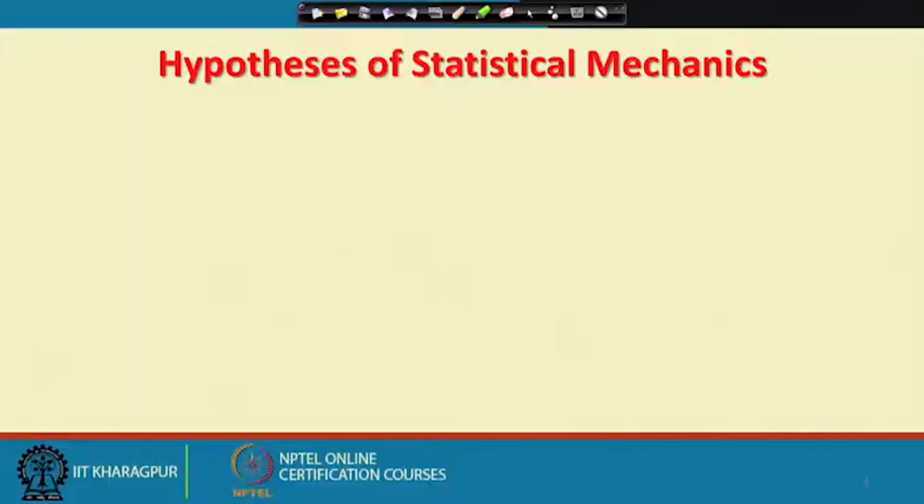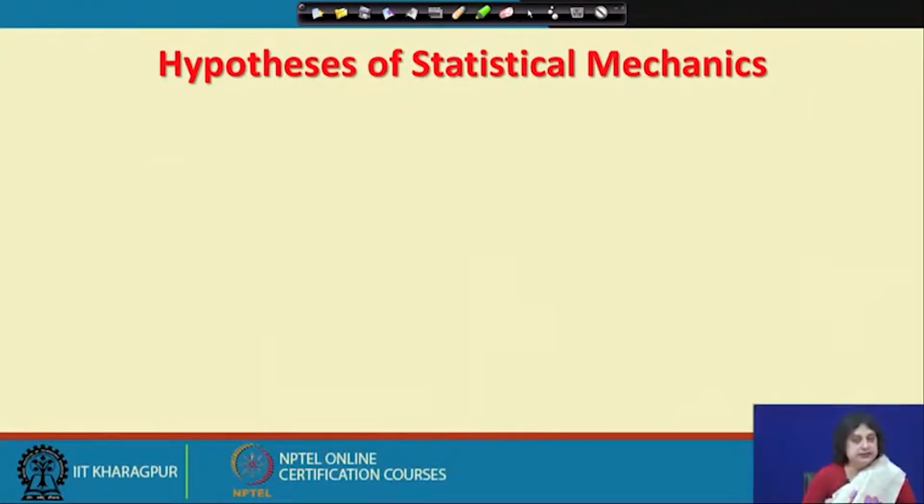So, now let us start by outlining the hypotheses of statistical mechanics. As the title suggests, these are hypotheses.